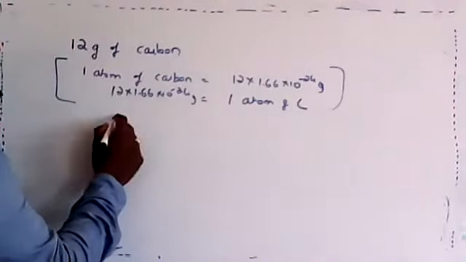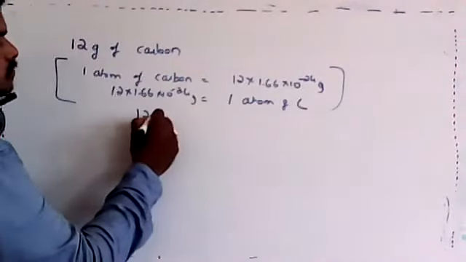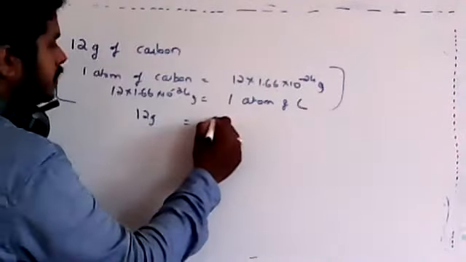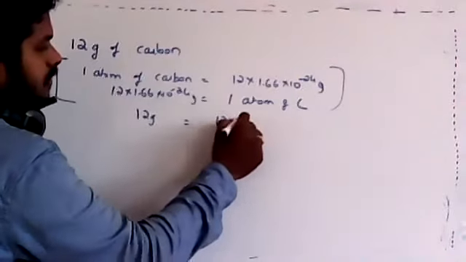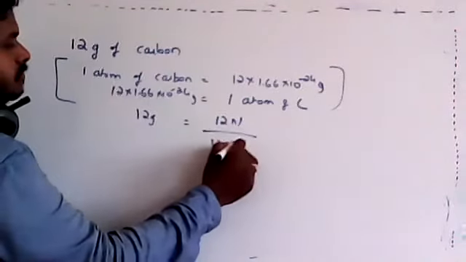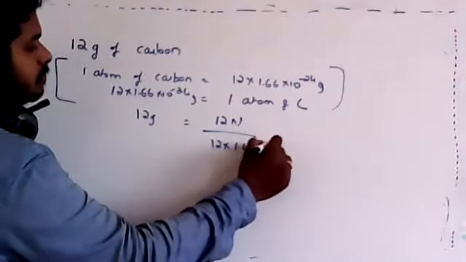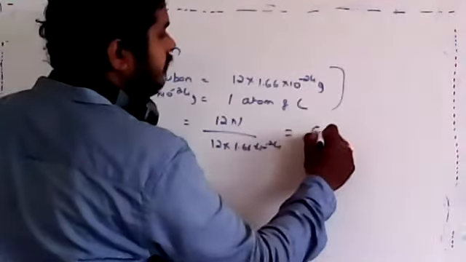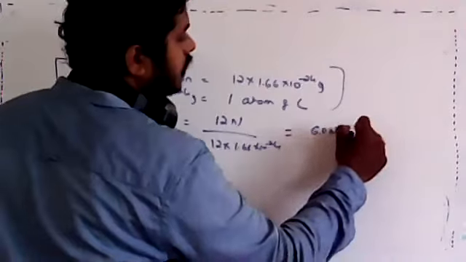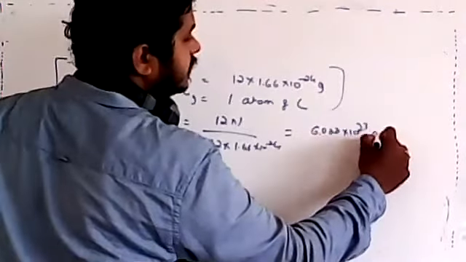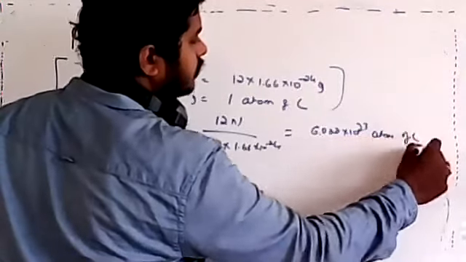Now if you take 12 grams of carbon, it will be 12 divided by 12 into 1.66 into 10 to the power minus 24. Finally, it will come out to be 6.022 into 10 to the power 23 atoms of carbon.